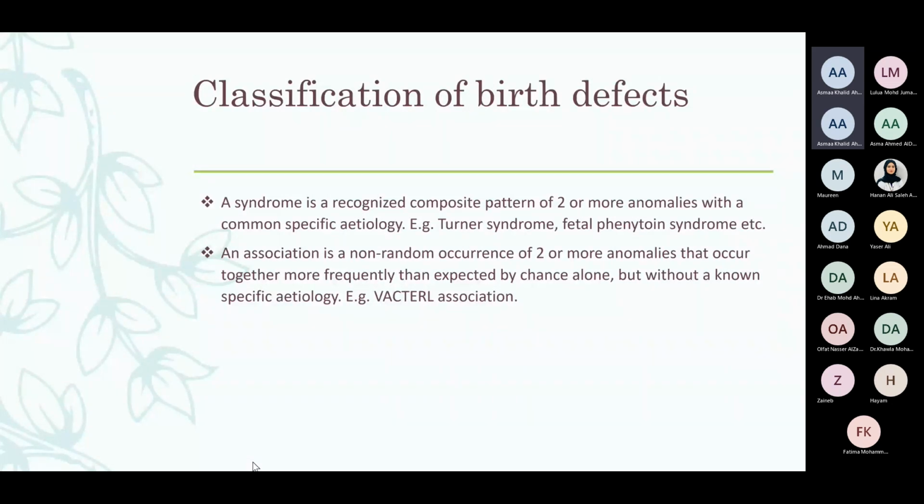When there are two or more anomalies and you have a genetic and specific etiology for it, this is a syndrome. When it's a non-random occurrence of two or more anomalies, like VACTERL, with no known specific etiology, this is an association.